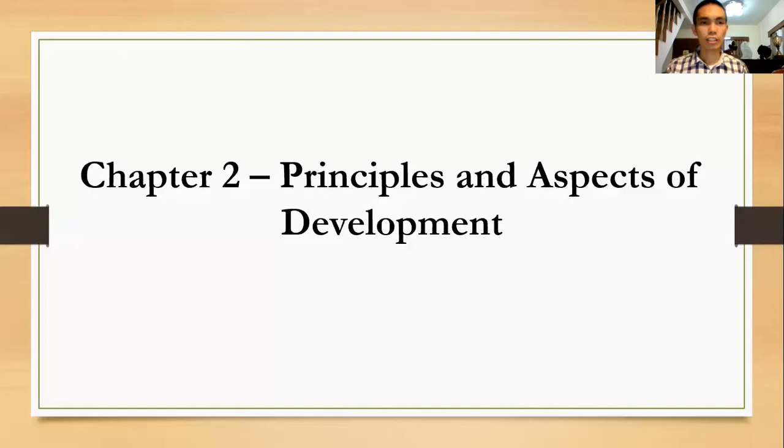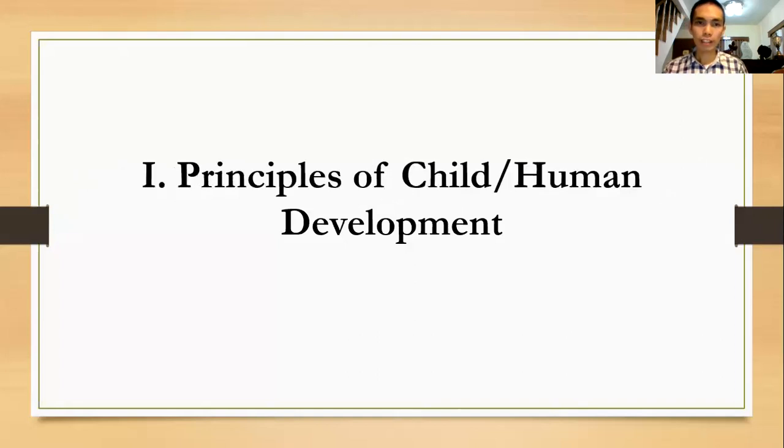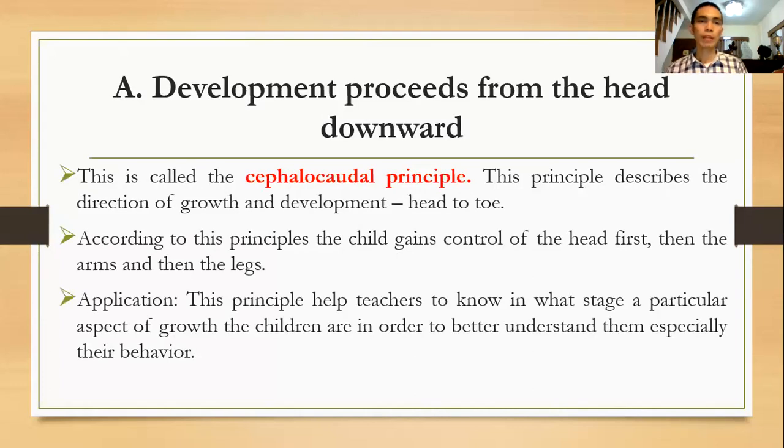All right. So principles and aspects of development. The first part of this is the principles of child or human development. First principle: development proceeds from head downward. This is called the cephalocaudal principle.